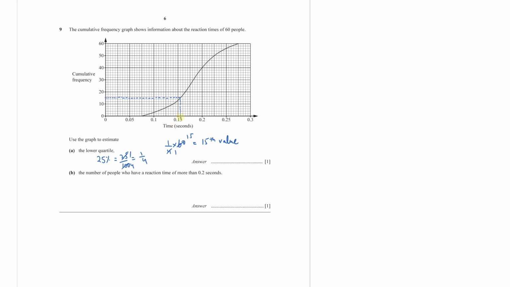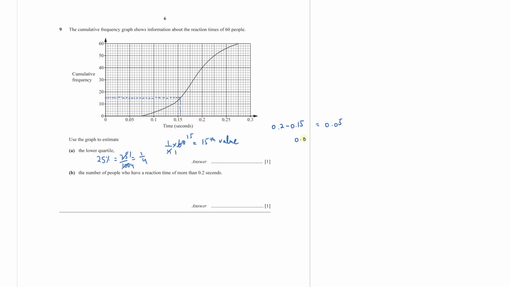So now we need to know what value one small box represents. So there are 1, 2, 3, 4, 5, 6, 7, 8, 9, 10 boxes between 0.2 and 0.15. So your difference is 0.05. So the change in value is 0.05 between these 2 points. And then there are 10 boxes in between.